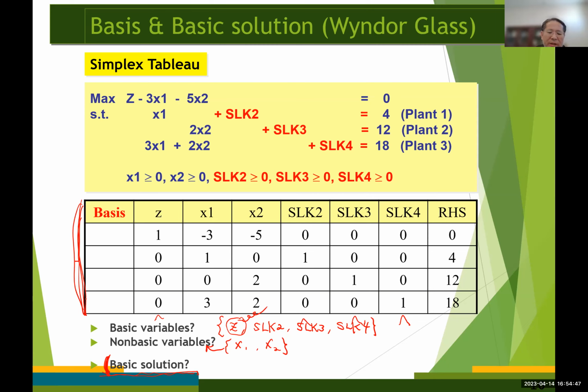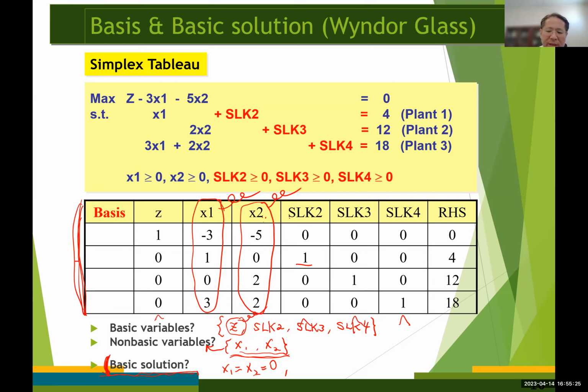What you need to do is set the non-basic variables equal to 0. So x1 and x2 equal 0 here. Then all of these can be discarded, because the x2 value is 0 and the x1 value is also 0. Then what's left over?